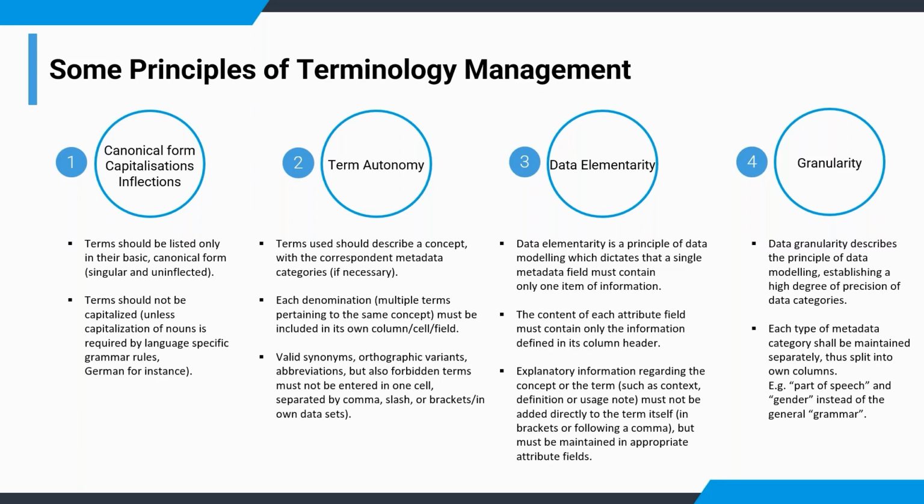And granularity, again, is a data modeling parameter whereby every categorization should have its own field. Let's say part of speech, and then saying noun, comma, singular wouldn't be correct. You will have part of speech, noun, gender, masculine, feminine, number, singular, plural, etc.